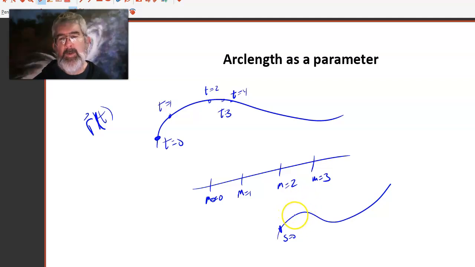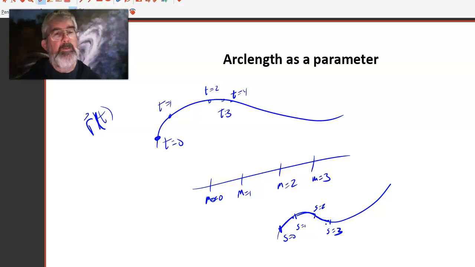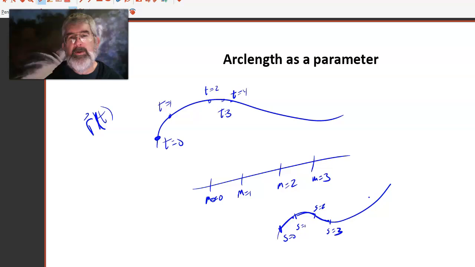But if I go 1 unit of distance, so that would be s equals 1, and then I go 2 units of distance, that would be s equals 2, and here 3, s equals 3, and each arc length from here to there, from there to there, from there to there are all the same because we're measuring by arc length. Right? So 1 unit increment is always the same as 1 unit increment of arc length. So the question is, how do we get to parameterization in terms of arc length?